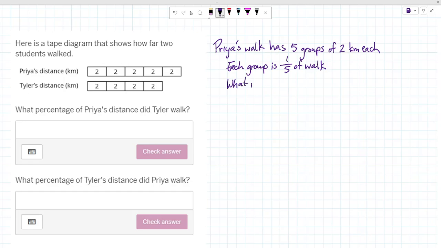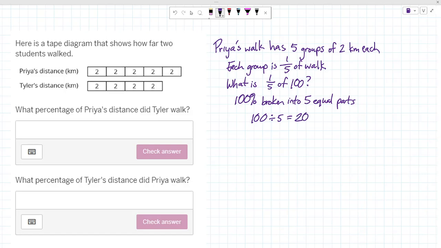And if we think instead, what is 1/5 of 100%? So if we take 100% and we break that into 5 equal parts, what's that going to look like? So 100% broken into 5 equal parts. 100 divided by 5, you might have this memorized, or you can do a long division.